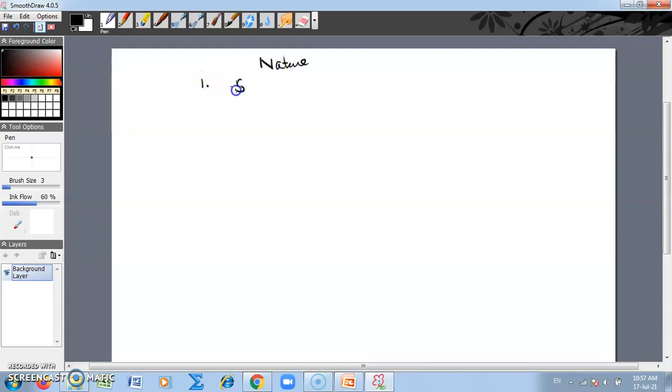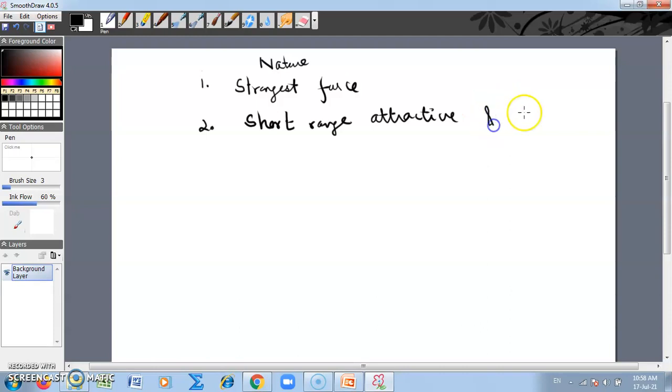Number one, it is the strongest force in nature. Number two, it is short range attractive. And I'll add one more point here, very short range repulsive.